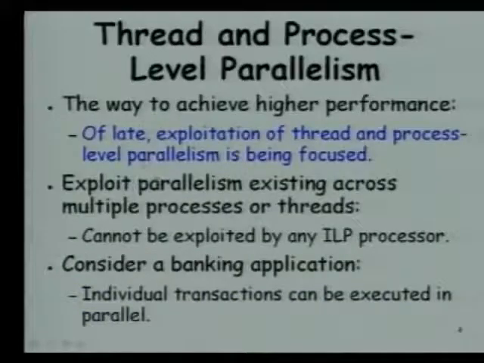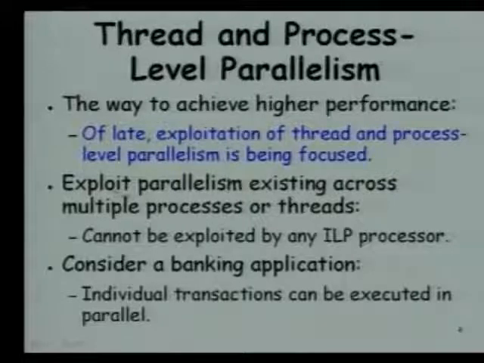Not only that, we will see a further problem why we need multi-threading and multi-core processors. So, the way to achieve higher performance appears to be exploitation of thread and process level parallelism.